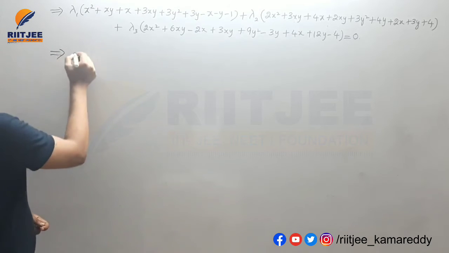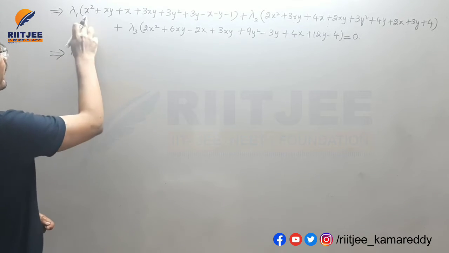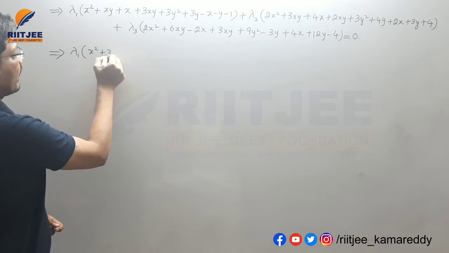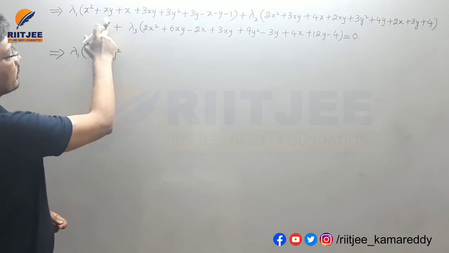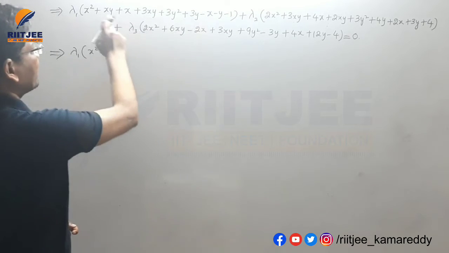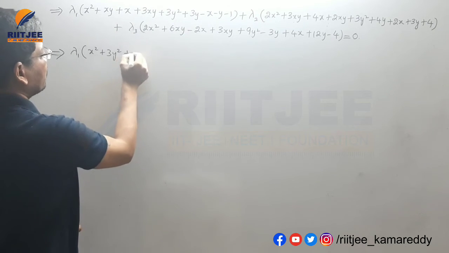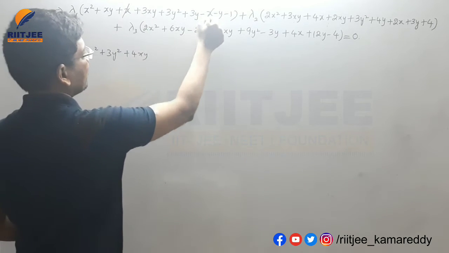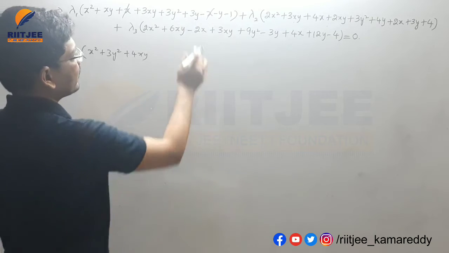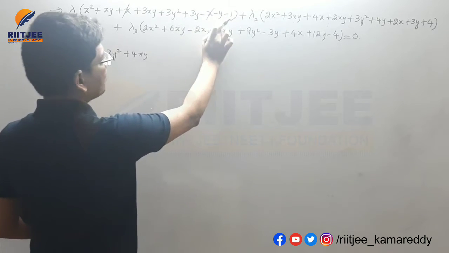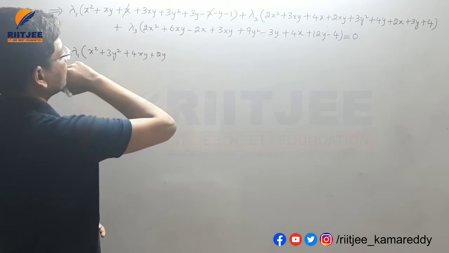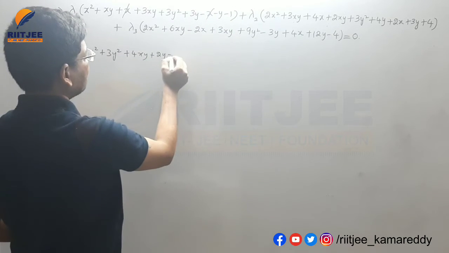This implies lambda 1 into x square and plus 3y square. I am writing the terms together: x square, and we don't have any here, x square and 3xy, that is equal to 4xy. And writing the x terms here, plus x minus x will get cancelled here, and 3y minus y will become plus 2y, and finally we have the constant term, that is minus 1 here.